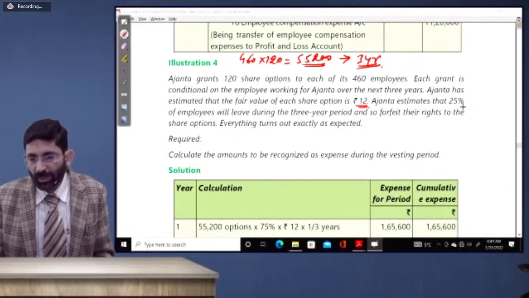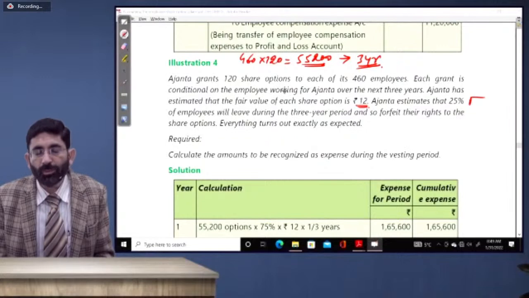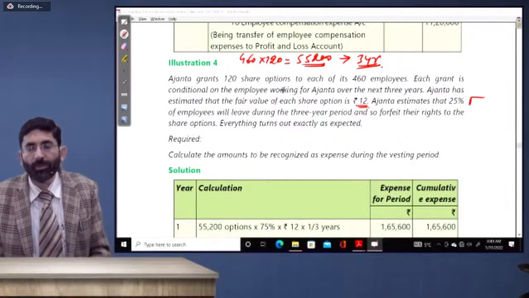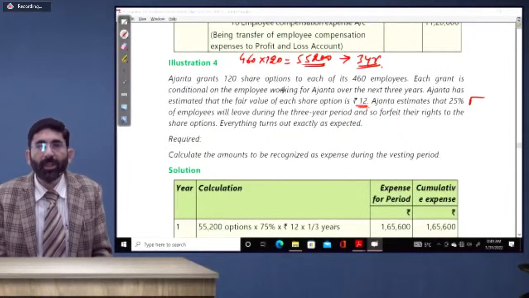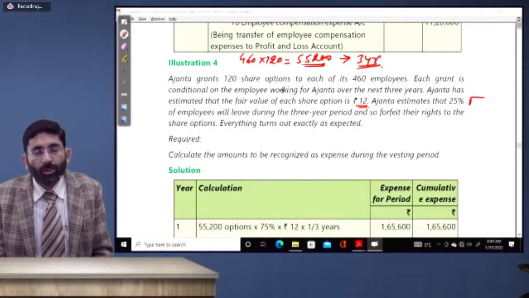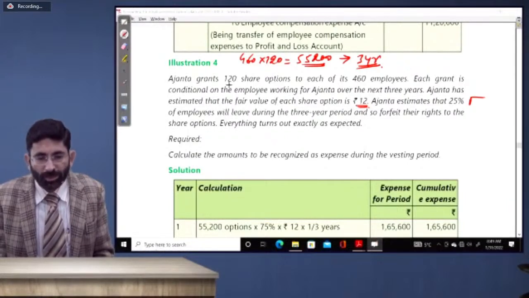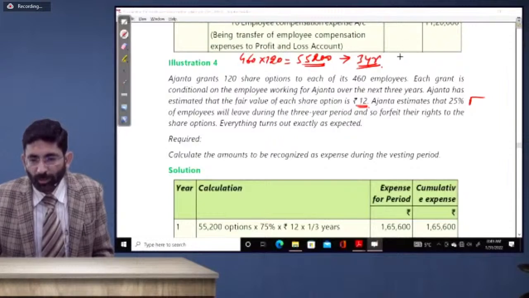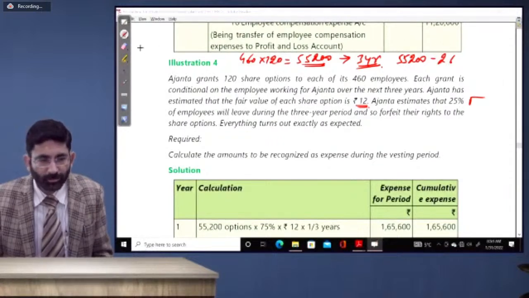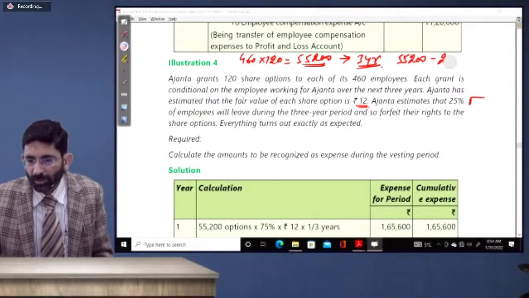Now the company is very much clear that 25% of the employees will leave the company within these 3 years. If 25% of employees leave the company, obviously we need not create any provision for them. So we are expecting that out of 55,200, 25% shares are not required to be issued. So minus 25%, how many shares will we issue?